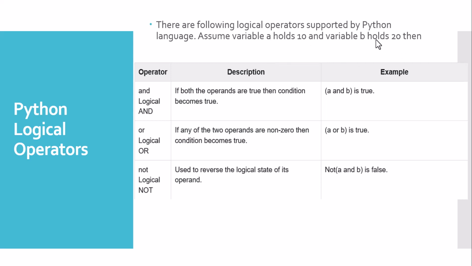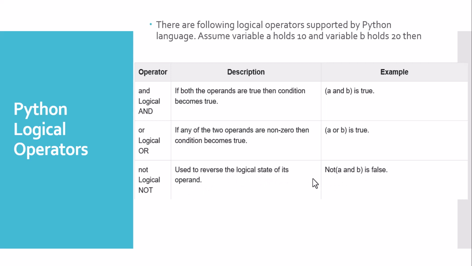Both have the values 10 and 20, no one is 0, so it is true. If one is 0, no problem, it will still give true, because if any of the two operands is non-zero, the condition becomes true. Similarly logical NOT. The not operator is used to reverse the logical state of its operand.